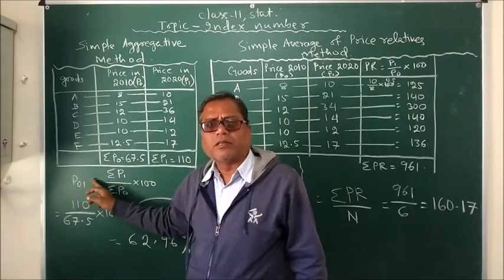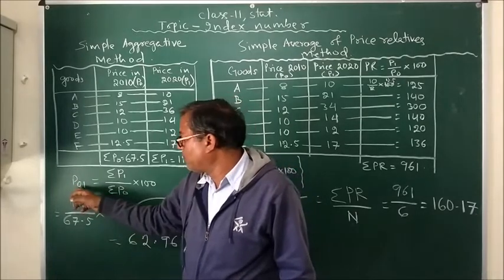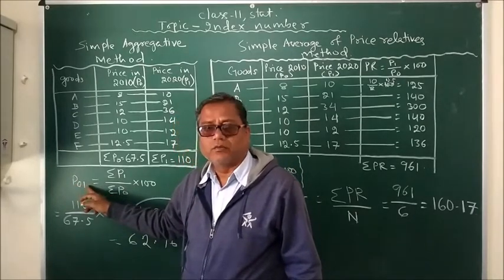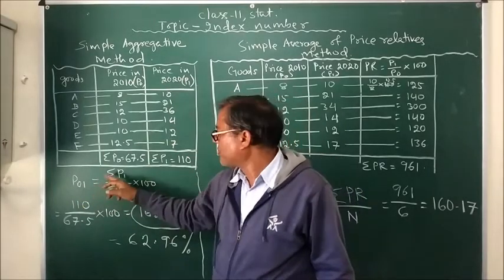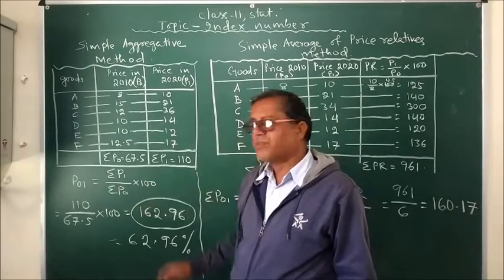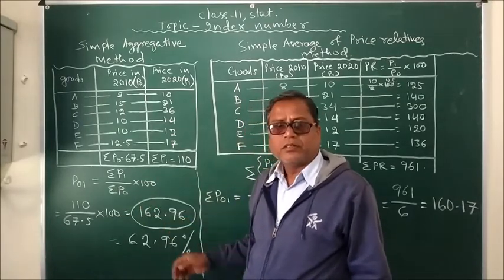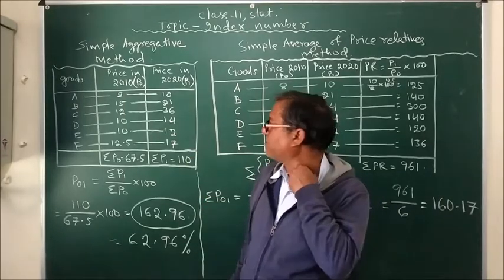What is P01? P01 means the price change from base year 0 to current year 1. After using this formula, summation P1 by summation P0 into 100, we will arrive at the actual degree of change in the general level of prices.